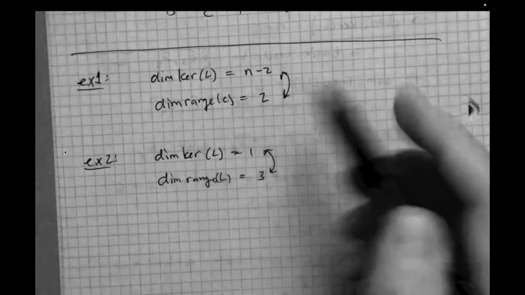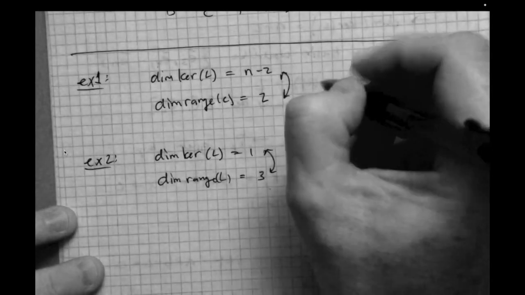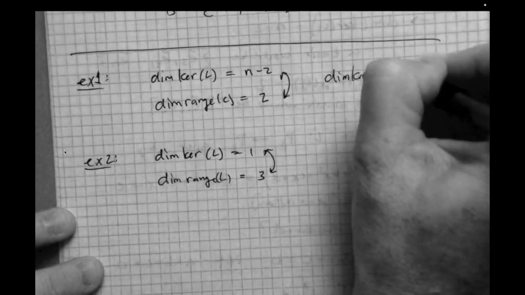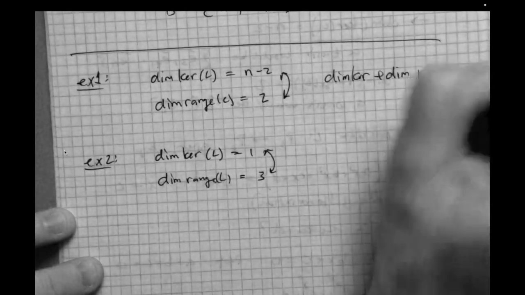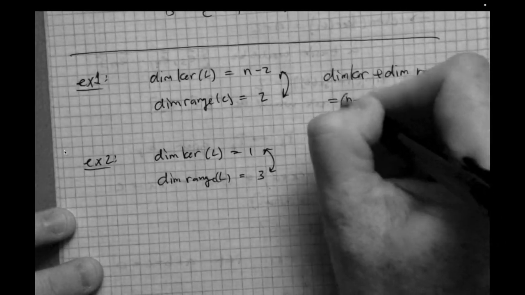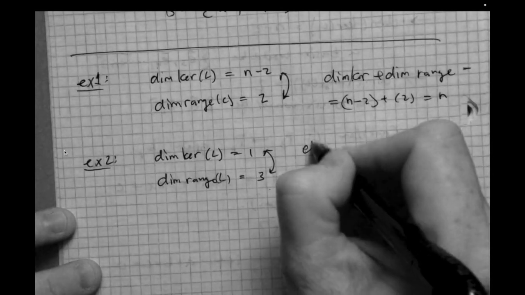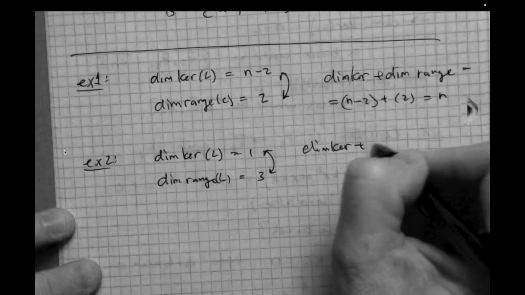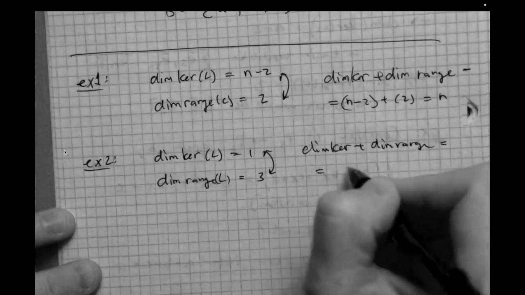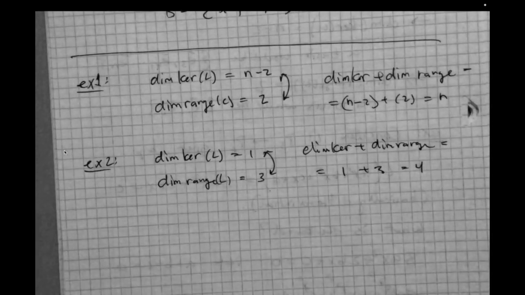The dimension theorem says something about the relationship between these two, the dimension of the kernel and the dimension of the range, specifically the sum of the dimensions. In this case, dim kernel plus dim range is n minus 2 plus 2, which is n. And in this case, it is 1 plus 3, which is 4.